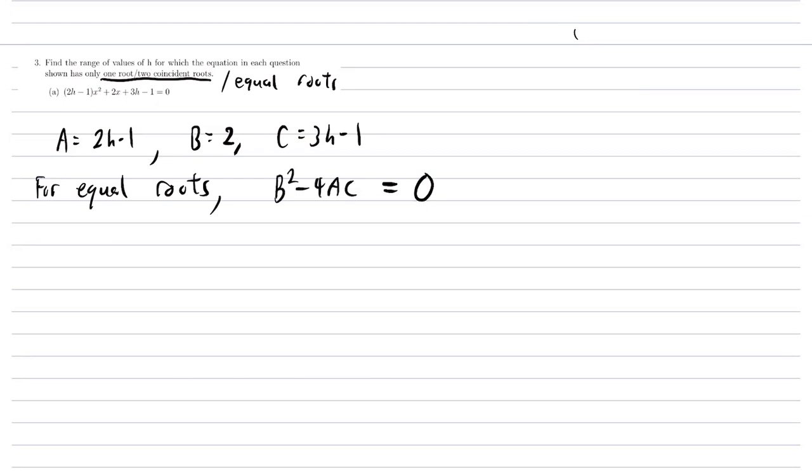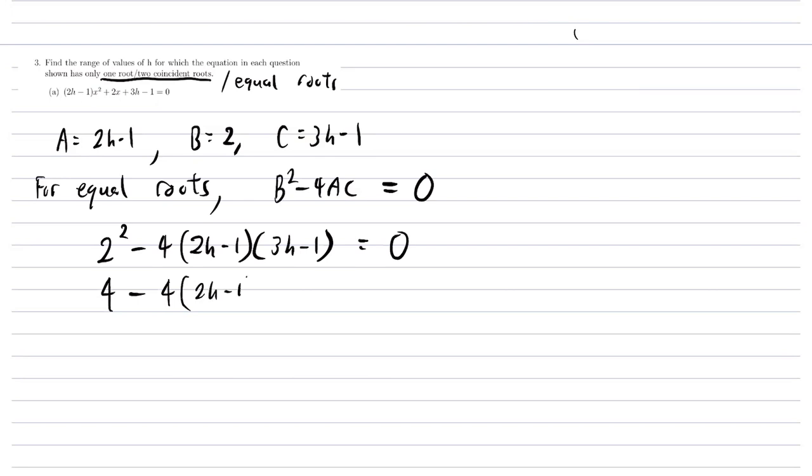So 2 squared minus 4AC equals to 0. 4 minus 4 times 2h minus 1 times 3h minus 1 equals to 0.